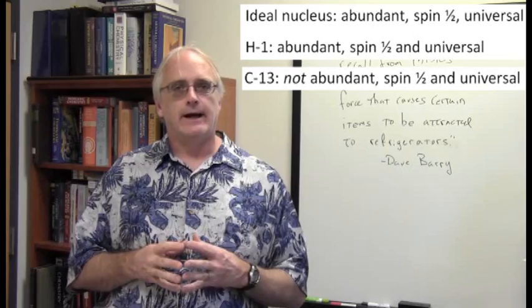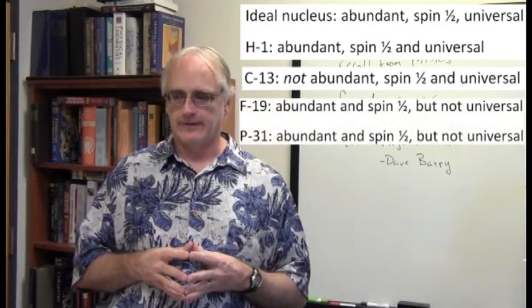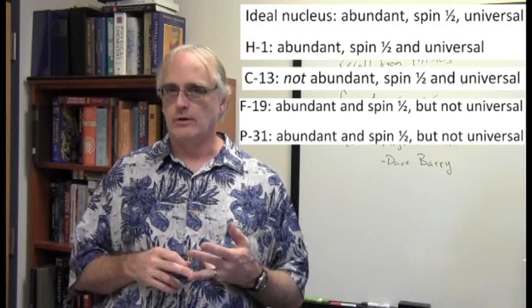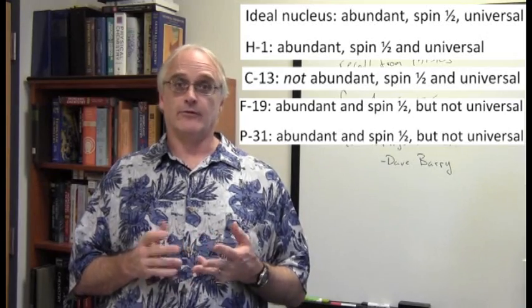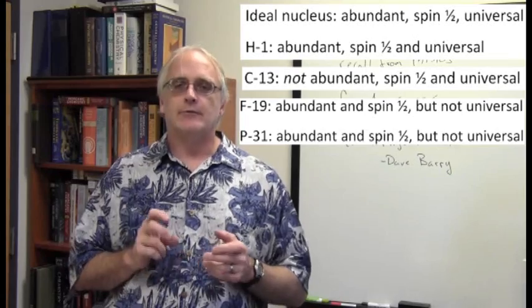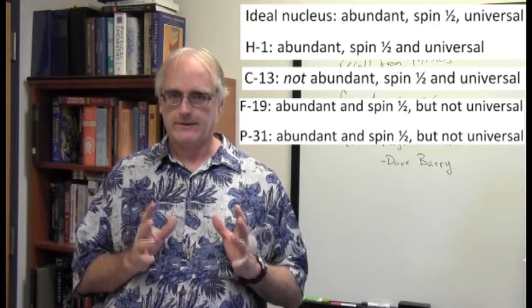There are other nuclei out there that are nice to look at. Fluorine-19, for example, is 100% abundant, and it's spin 1/2, but it's not a universal element. If you're a fluorine chemist, you live and die by NMR. It's a great technique, but fluorine is not found in all kinds of different compounds.